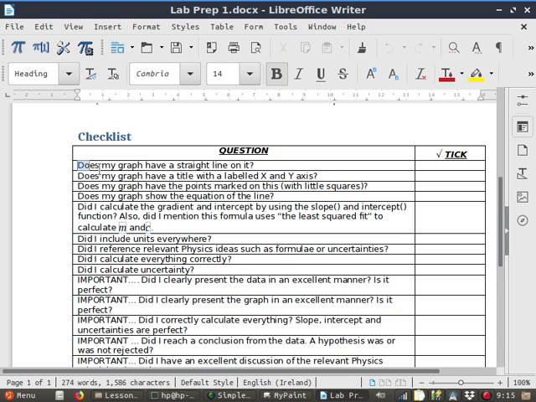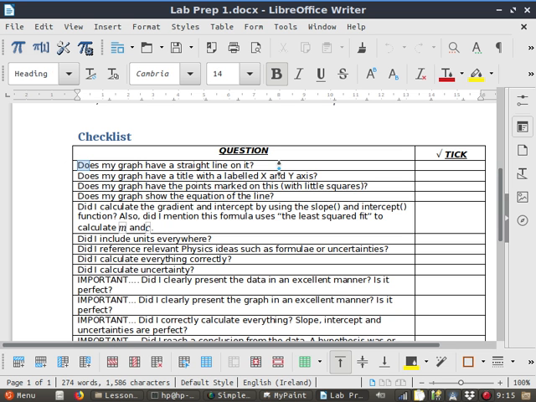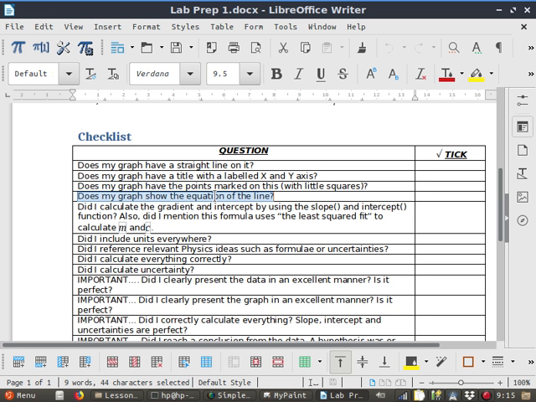Okay, so, does my graph have the x and the y? Yes. Okay, good. Does my graph have the points on it? Yes. Does my graph have the equation? Maybe. Okay, check. Yes. Okay, good. Did I calculate M and C?